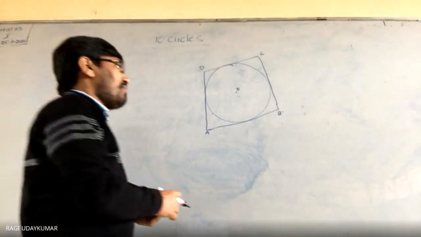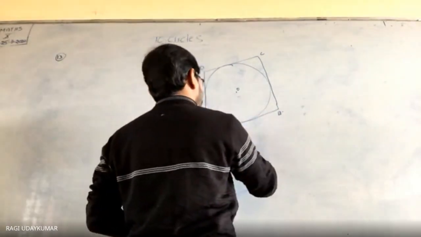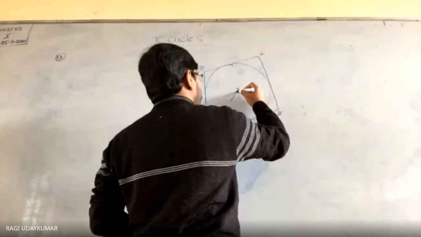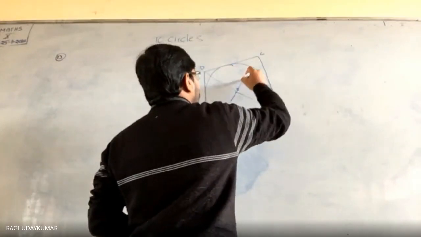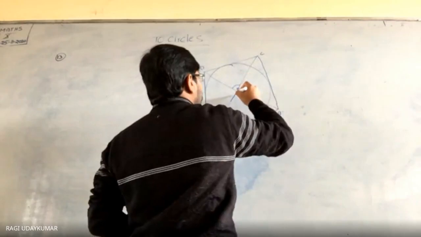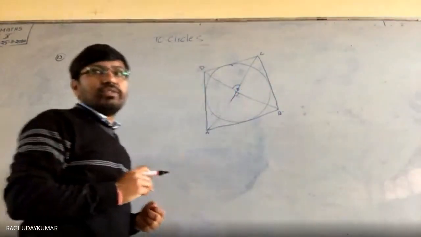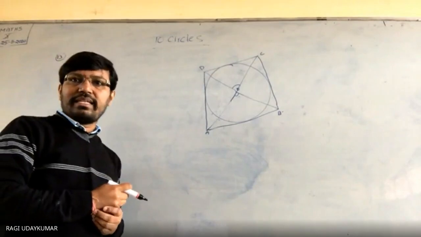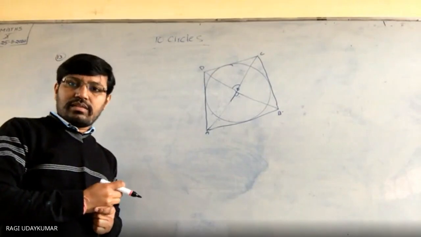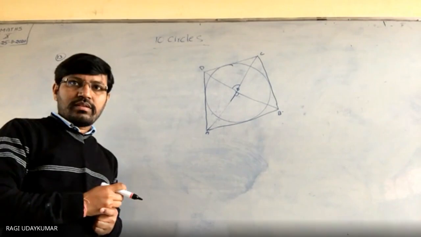What angle does this side form at the center? And what angle does this side form at the center? The sum of these two is equal to 180 degrees. Supplementary is nothing but 180 degrees.